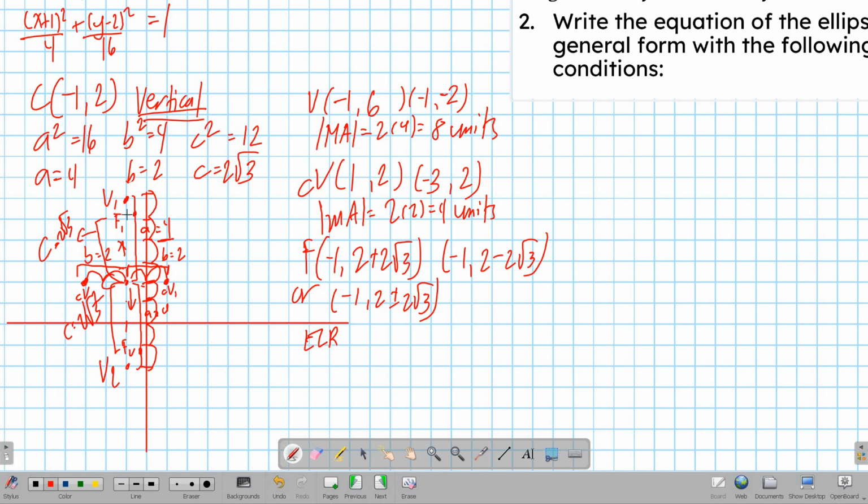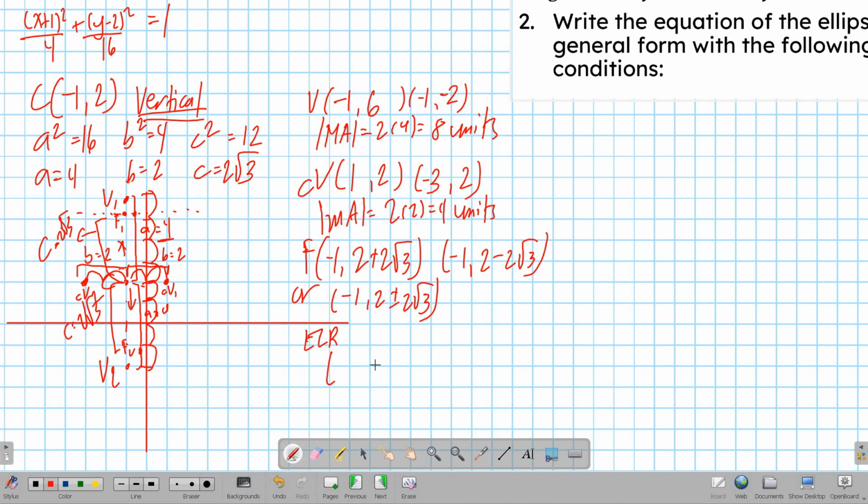If this is where the first focus would be, somewhere here, and the other focus would be here, somewhere here, then since it's horizontally aligned, our ELRs are horizontally aligned as such, the ELRs will have the same coordinates as our foci.